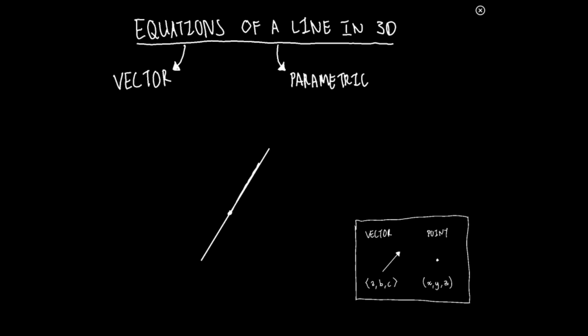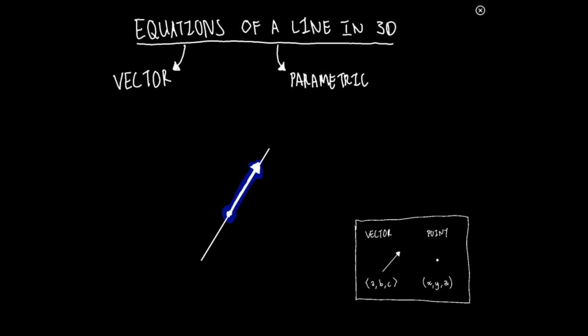That vector could be of some length, it doesn't really matter what the length of the vector is, all that matters is that the vector falls along that line. So we have a point, and we have a vector, and we need to describe the line.